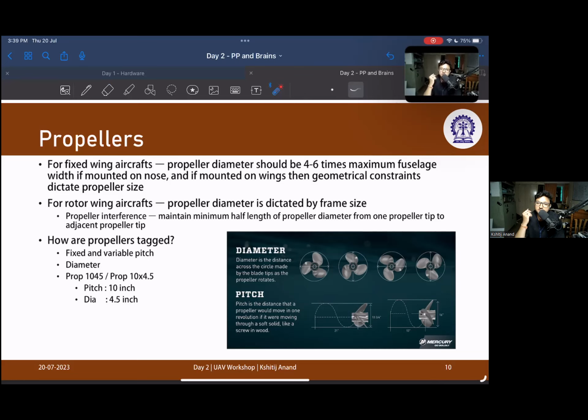Exactly. So basically, propellers are going to have a pitch and a diameter. What is a pitch and a diameter?